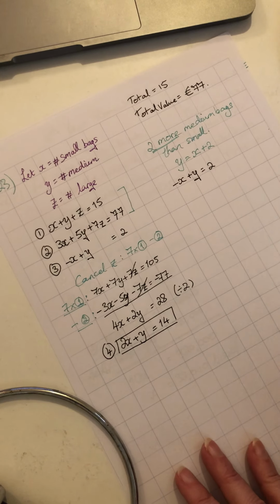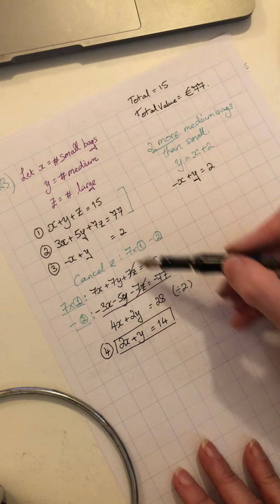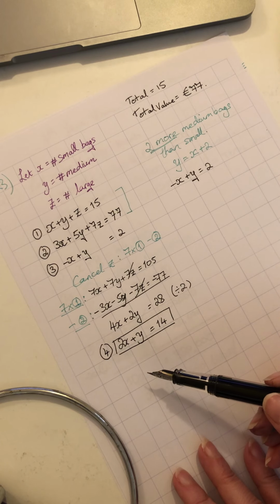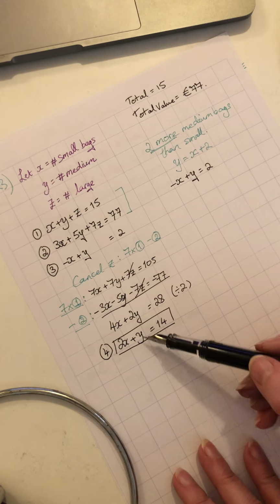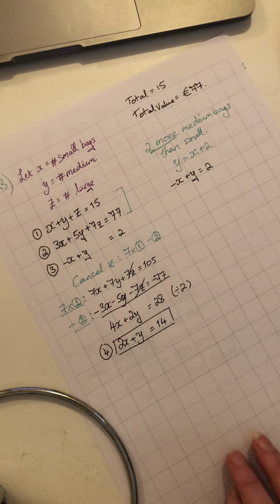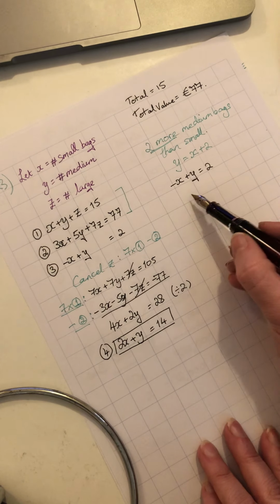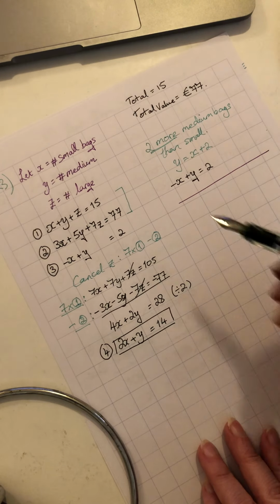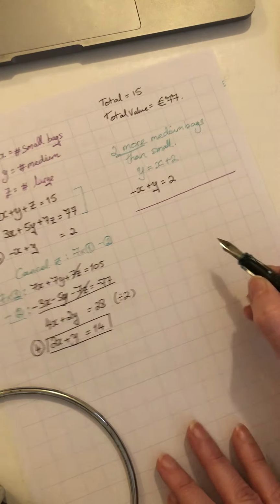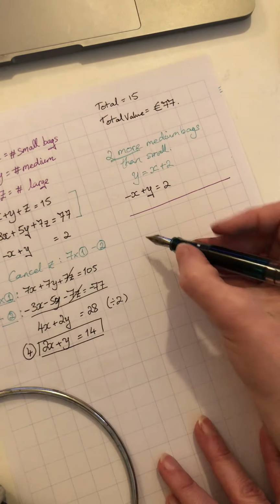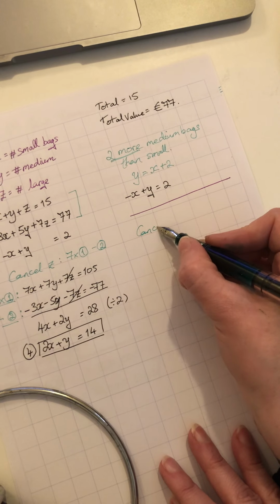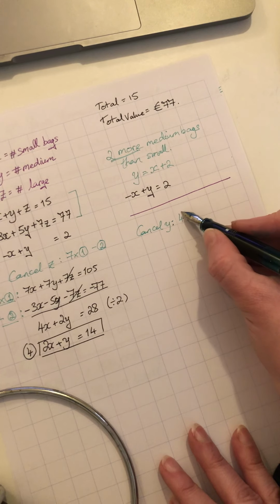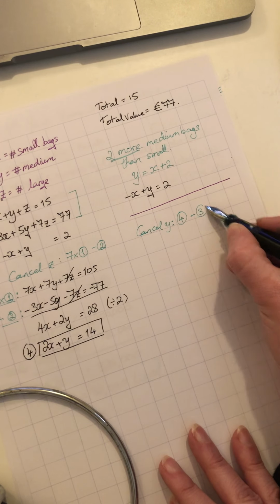Now, I don't need to find an equation 5. I can put equation 3 and equation 4 together. I'll probably change the signs. I'm going to cancel y next. Again, if you do a different variable, that's completely fine as well. So cancel y, and I'll do it with equation 4, take away equation 3.